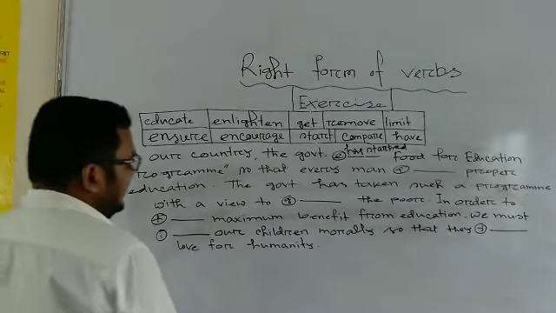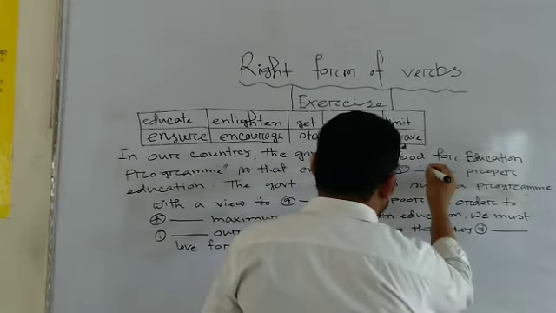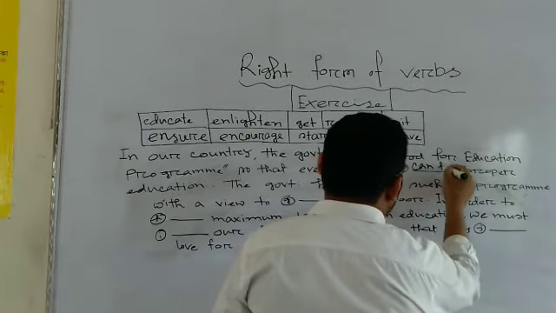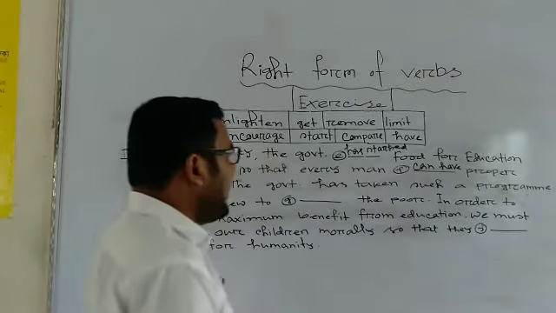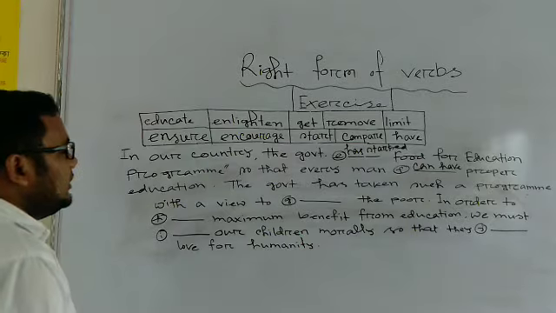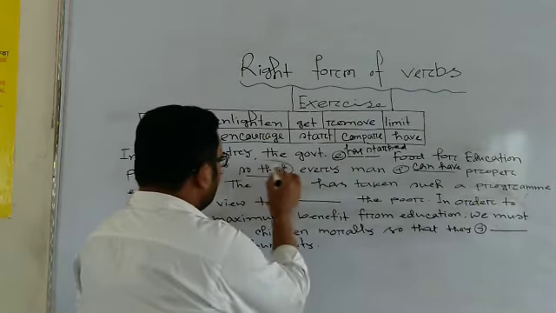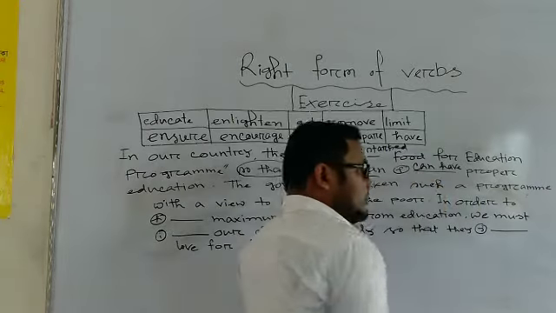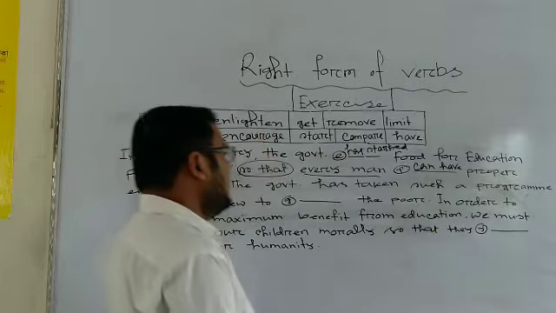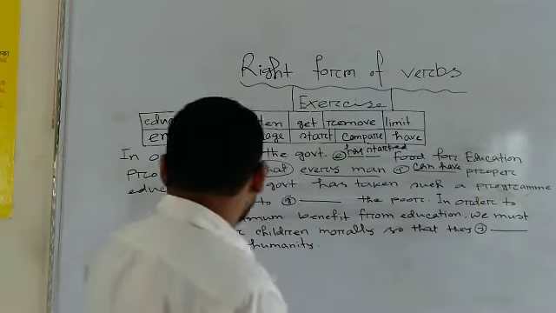So that every man dash proper education. We can write down here, can have. So that every man can have proper education. After so that we can write down subject, then modal auxiliary, and then the base form of the verb.